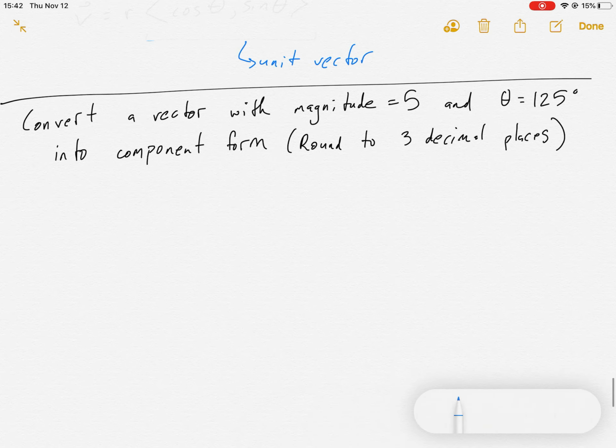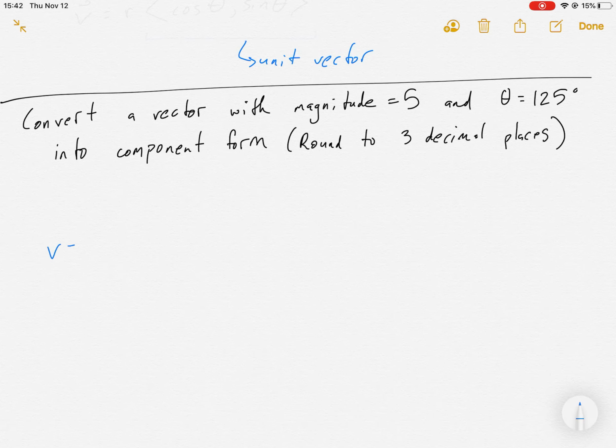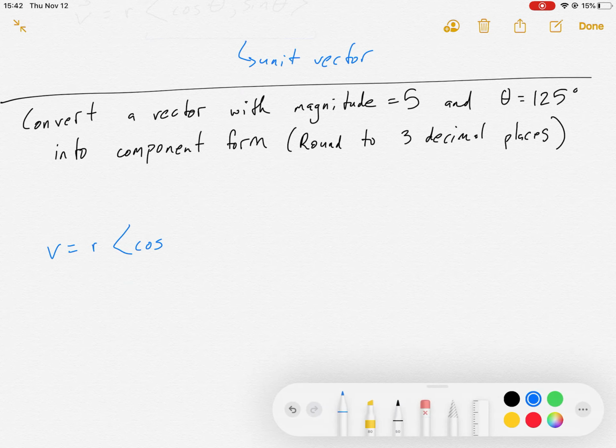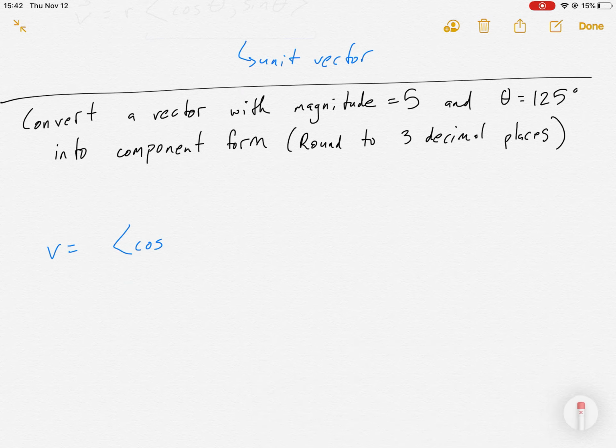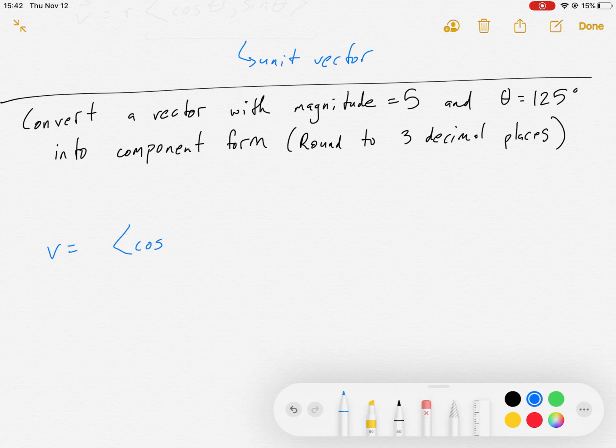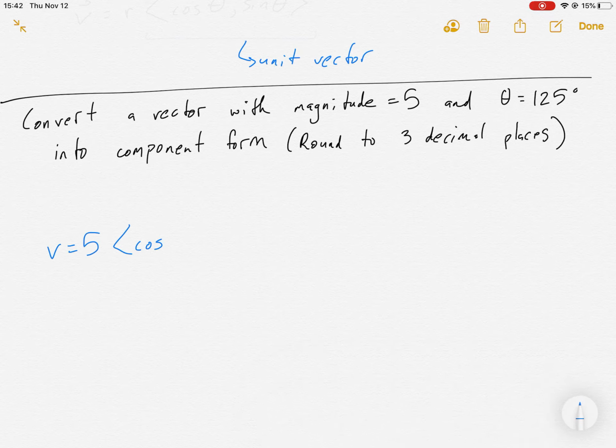Okay, so the first step is pretty straightforward. We know that v is going to equal r times cosine, we know what r is, so I don't even need to write that. v equals 5 times cosine of 125 degrees, sine of 125 degrees. So that's good. We already have our component form mapped out.